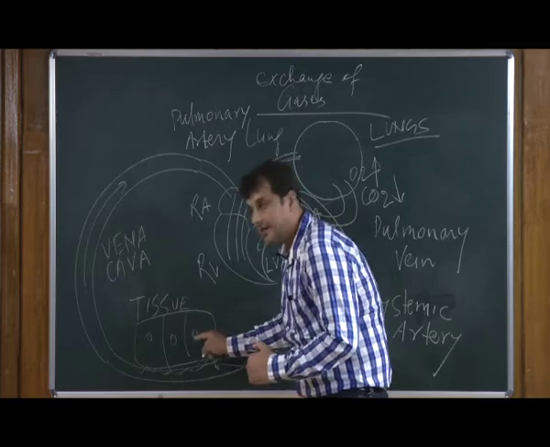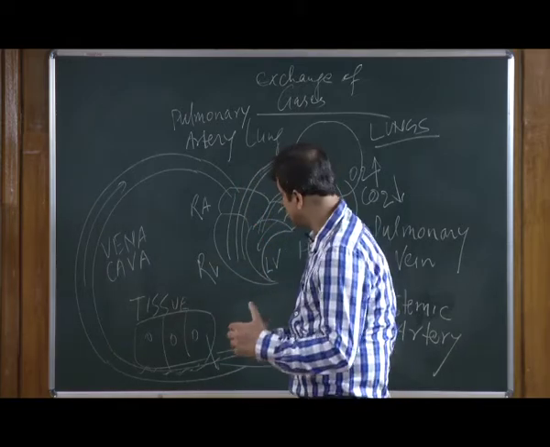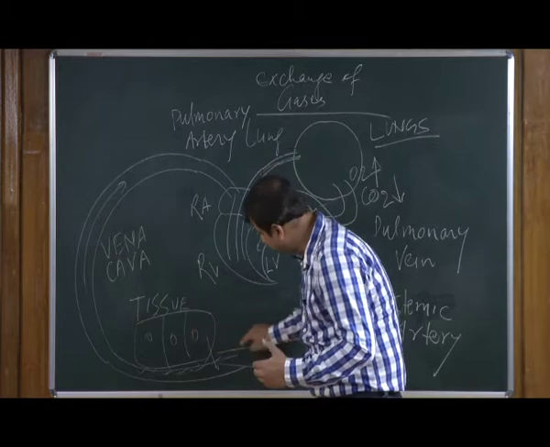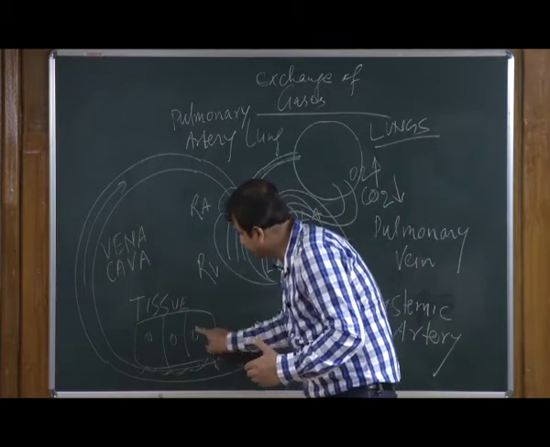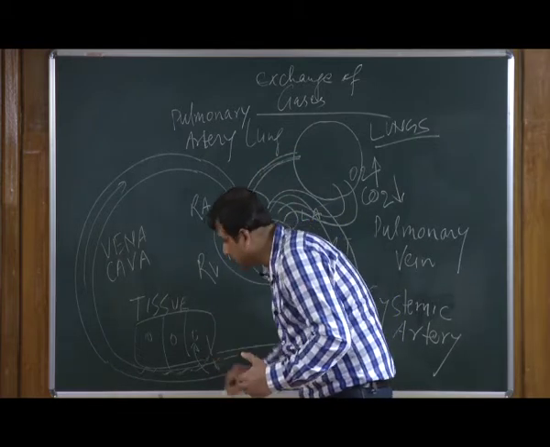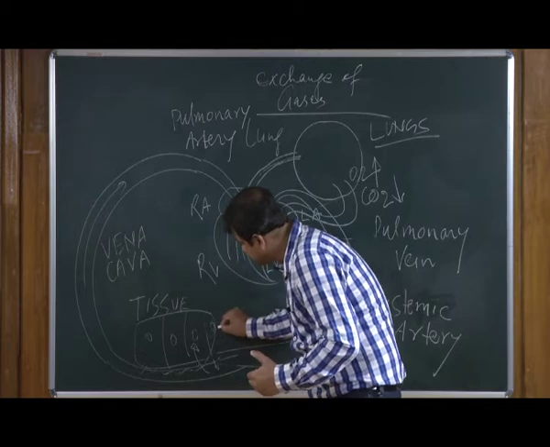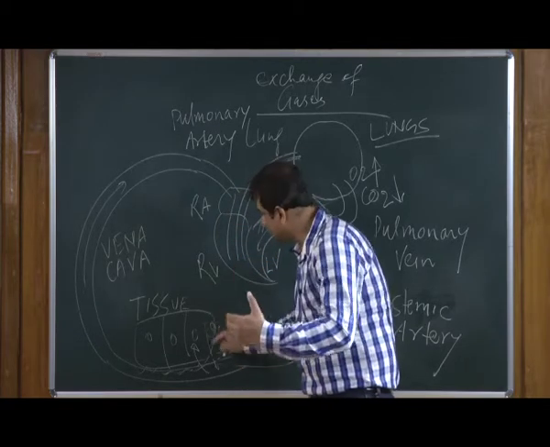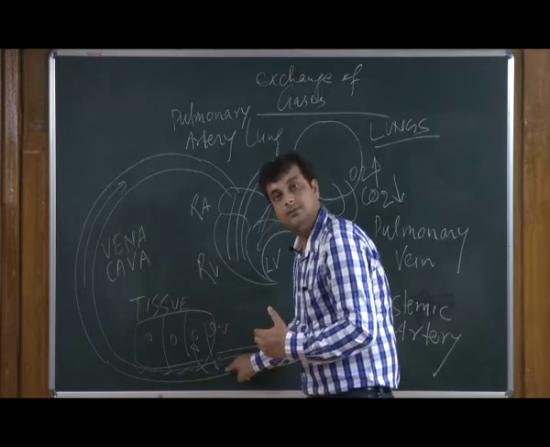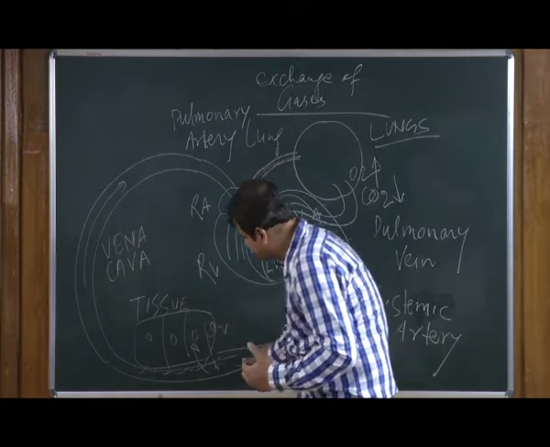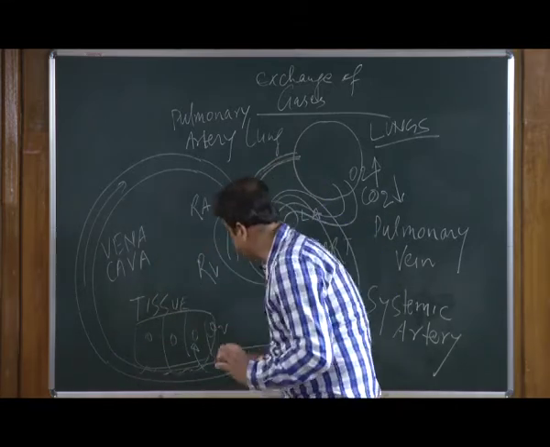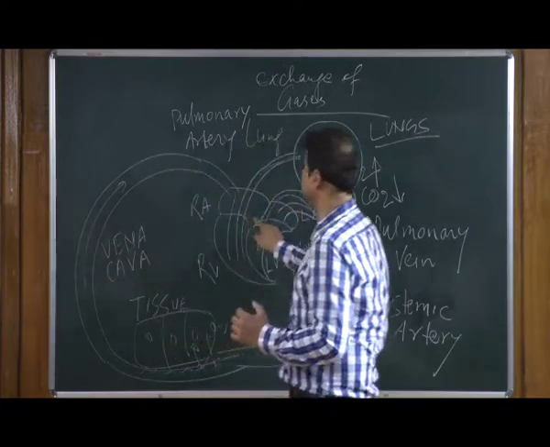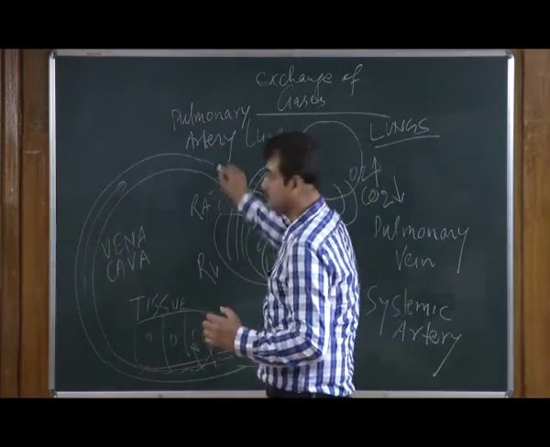Because oxygen is required at tissue level, oxygen from higher concentration to lower concentration is getting in, and carbon dioxide, which is coming out from the tissue, because of the higher concentration is going from tissue to the blood vessels. And then from this capillary, which is the thin form of blood vessel at the tissue level, it is carried through the vena cava and going to the right atrium.